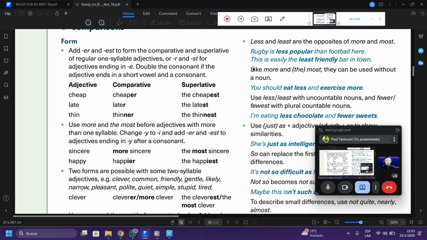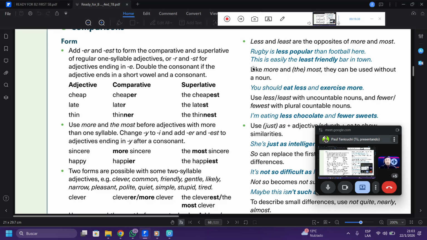Well, Mexican food is less popular than Ecuadorian one. Ecuadorian food. Yes, and with least. Well. You can say, for example, it is only an example, right?